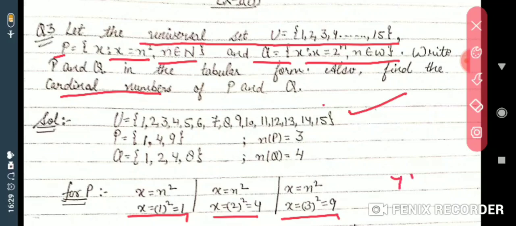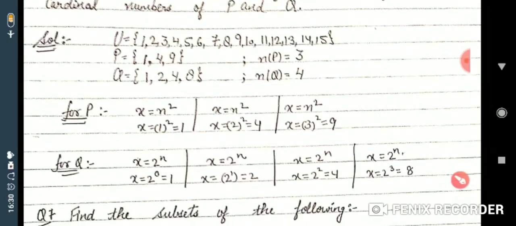If you take the next natural number 4, the square of 4 will be 16. And just see the universal set, up to 15 only you have to take, so 16 won't be included. So what will be the elements of P? 1, 4 and 9. And what will be the cardinal number of P? How many elements are there? 3. So it will be denoted as n(P) equals 3.